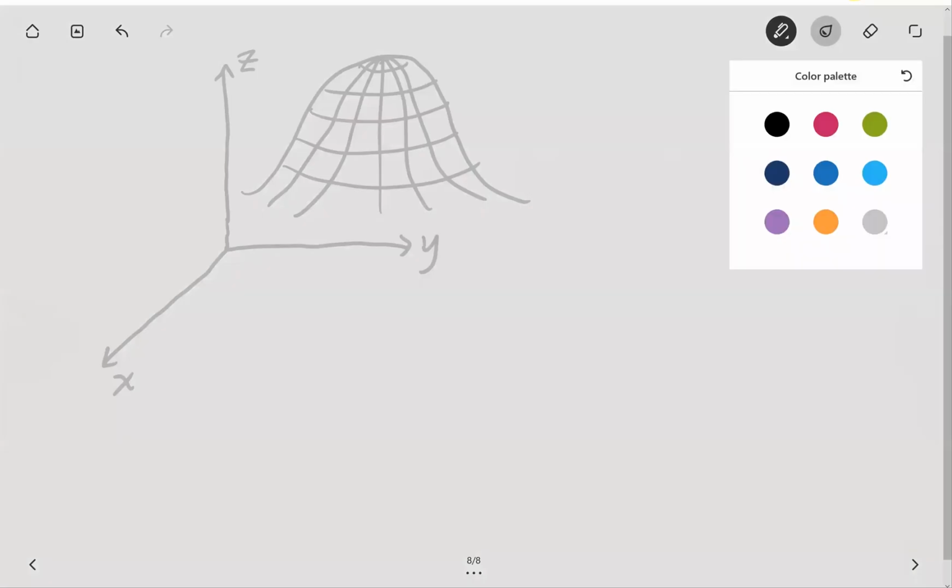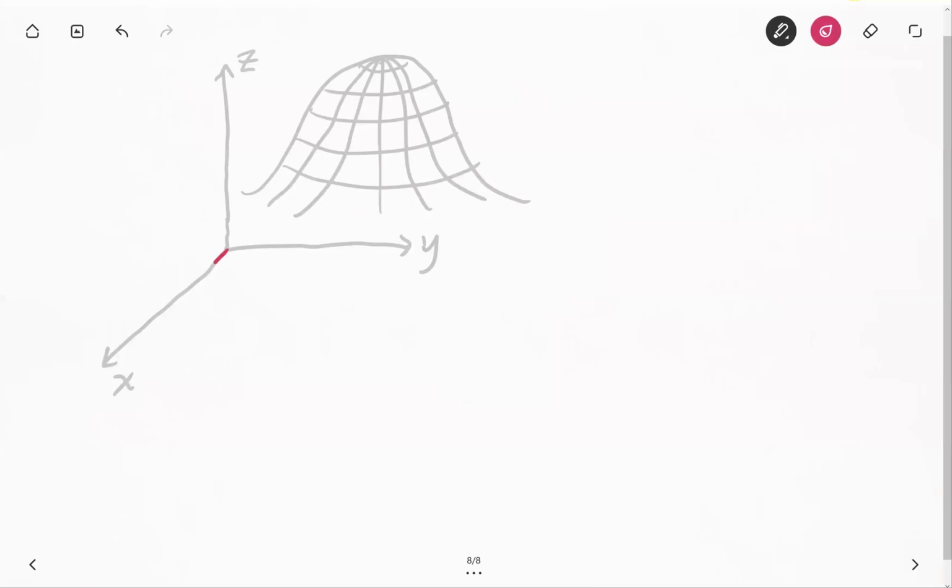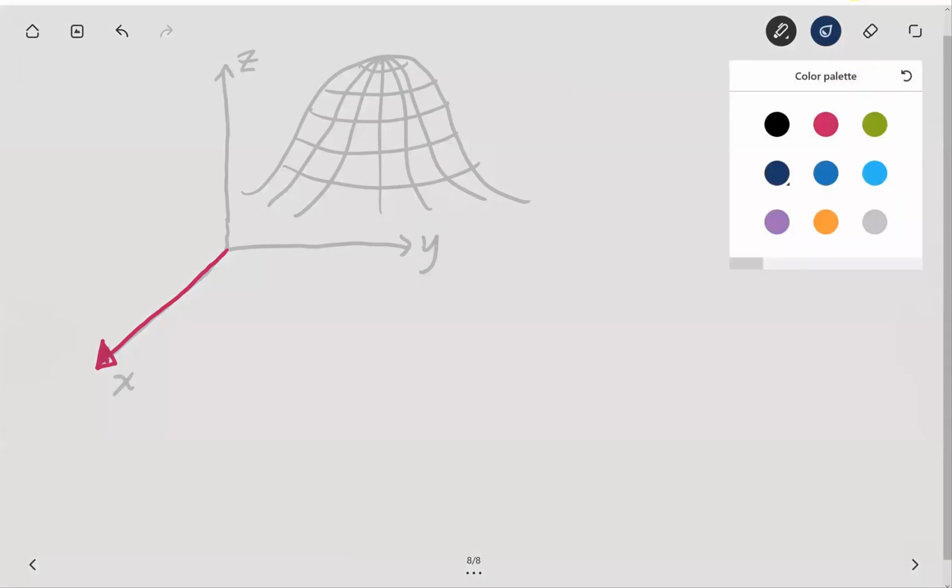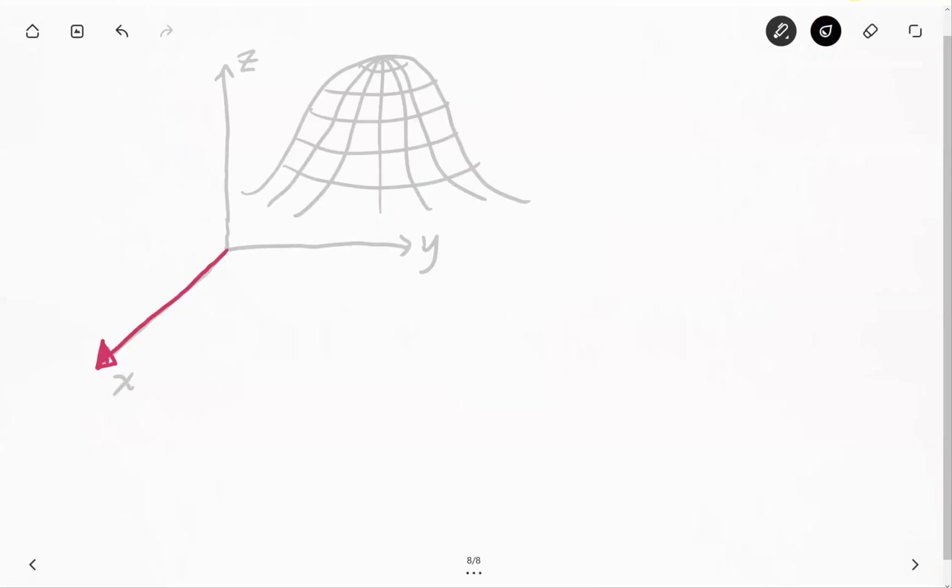Let's assume that we've calculated some derivatives at a point. In the x direction, let's say I'm interested in the tangent at this point right over here. And so maybe we've calculated the slope of the tangent line in this direction.